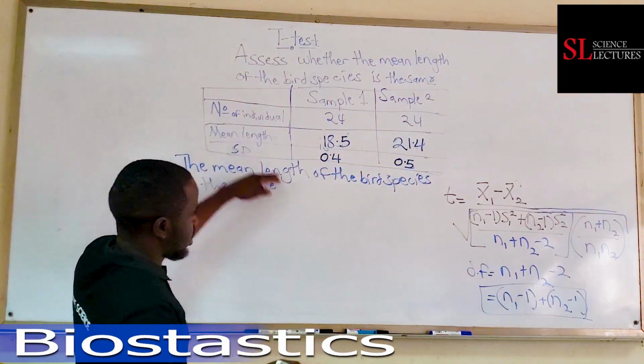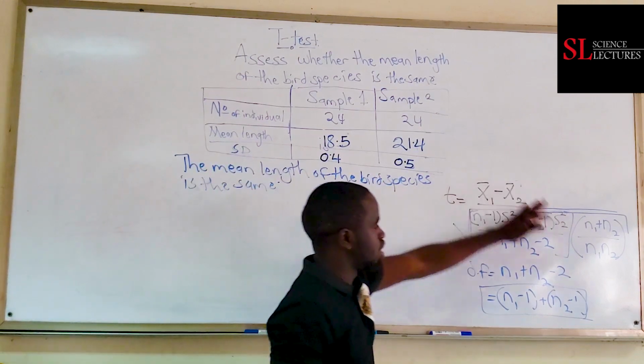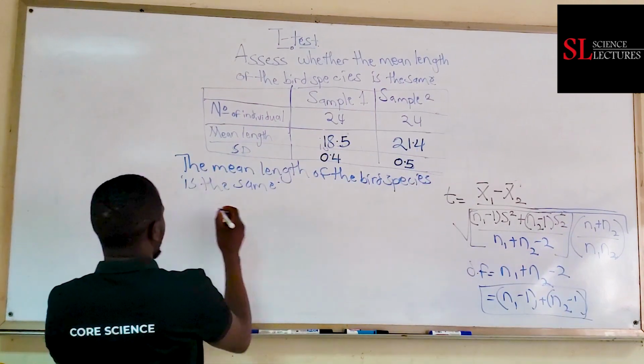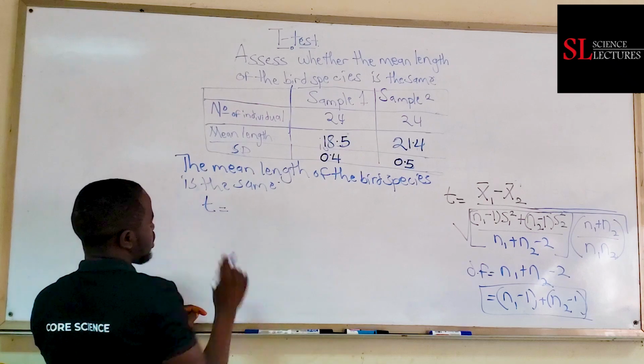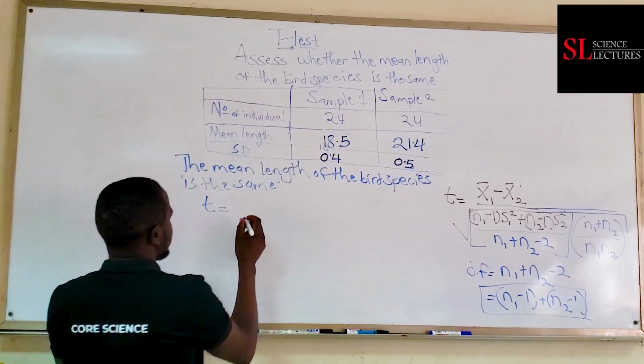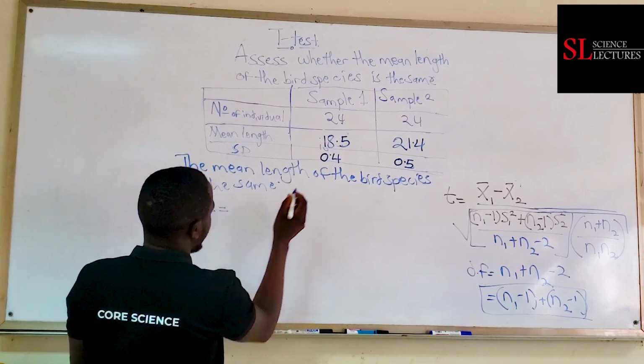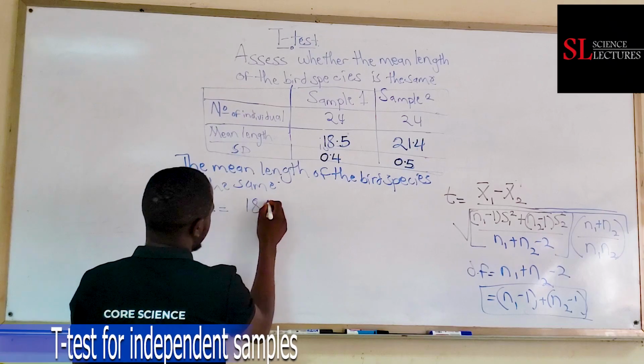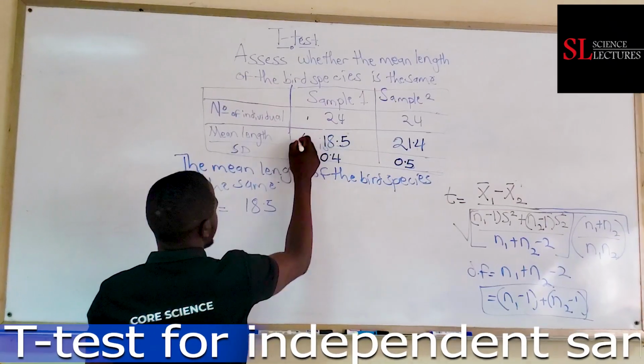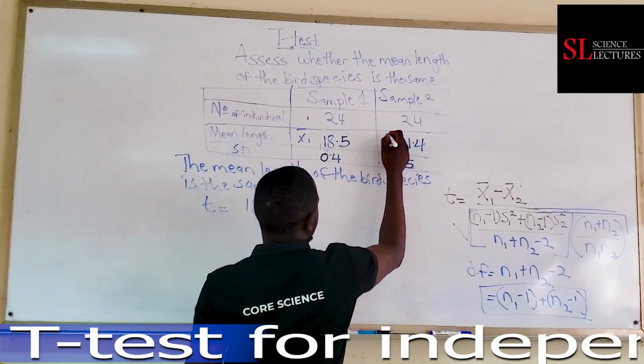After that, I substitute in my formula to obtain my t calculated. So it will be 24. My mean 1 is 18.5. This is mean 1 and this is mean 2.